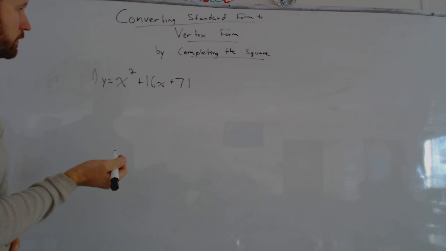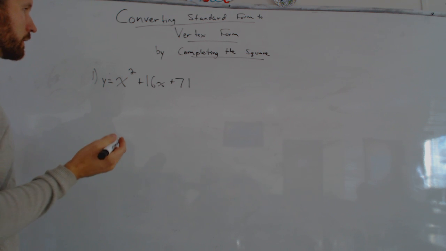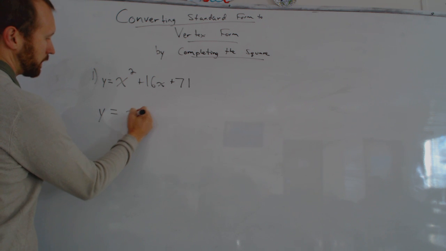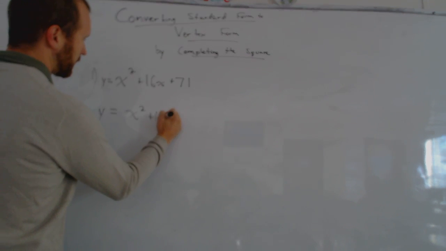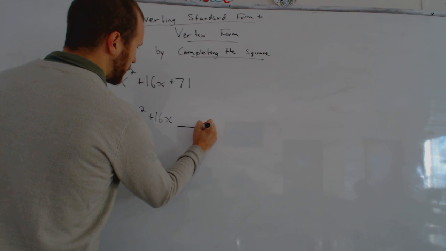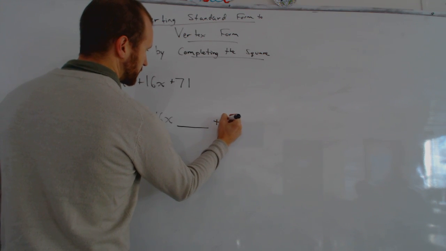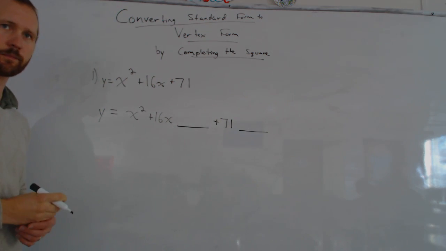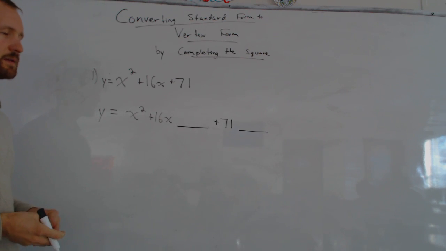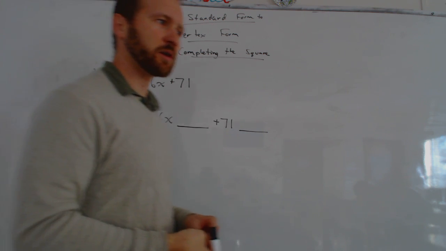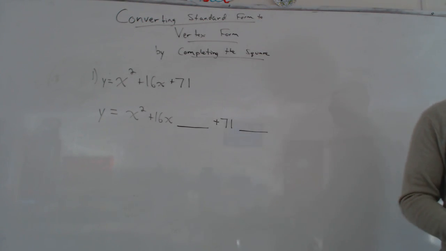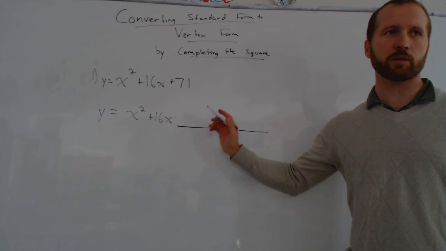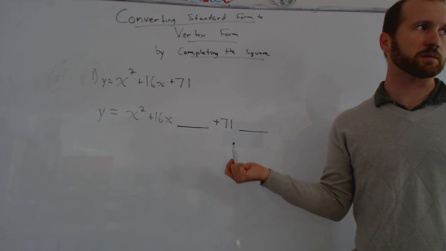So the first thing we're going to do is just rewrite the same equation, x squared plus 16x, but we're going to leave a space, plus 71. And then we're also going to put a space over here. This trick is going to seem a little weird at first, but the reason we're leaving this space is so that we can do completing the square.